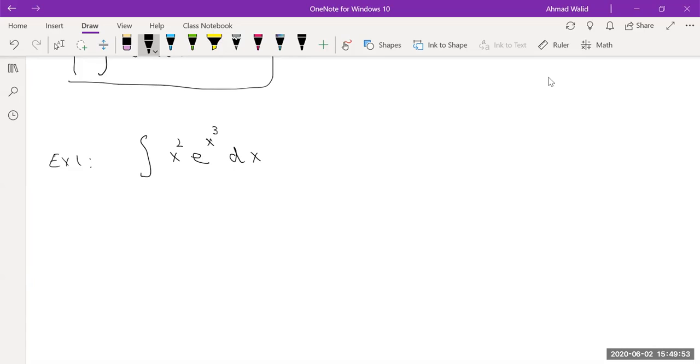I don't have a problem to explain for you what is the integral of e to the x cubed. Hopefully, in calculus 1, you learned the substitution method, if I have integral of f of g of x times g prime of x, correct?